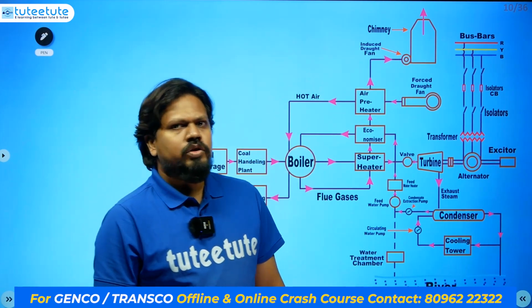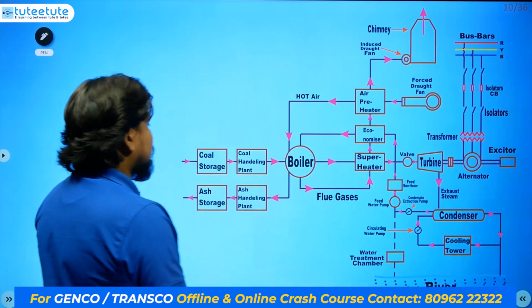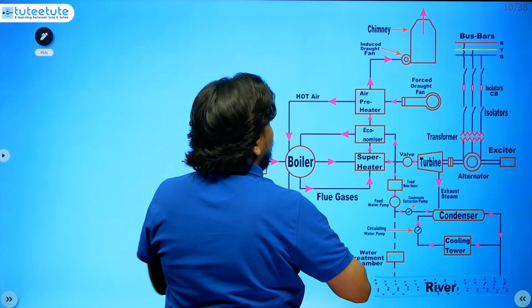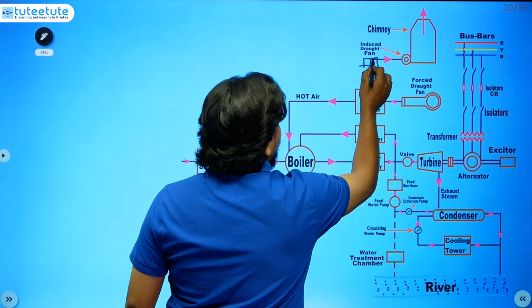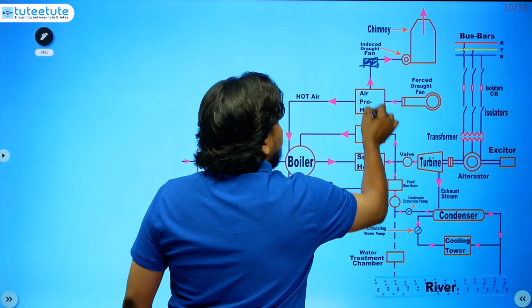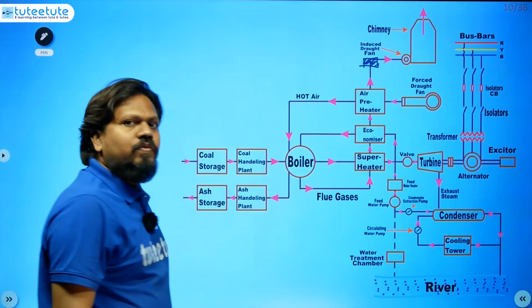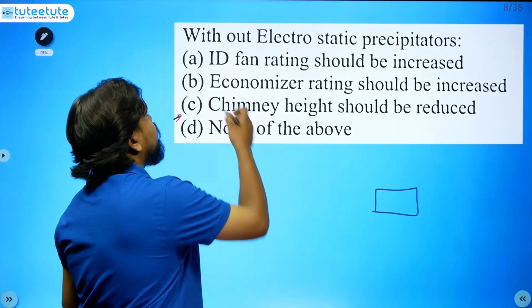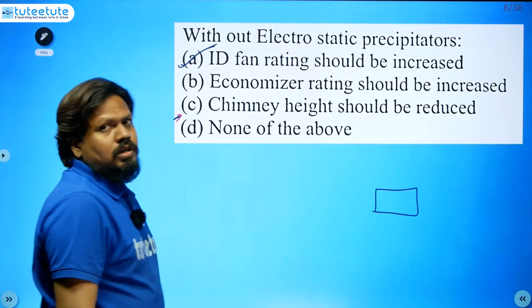That's the intention, so that these dangerous gases should not be reaching us. If you don't have an electrostatic precipitator here, then all these flue gases must be blown away to great heights. So option A should be the correct answer for this one.